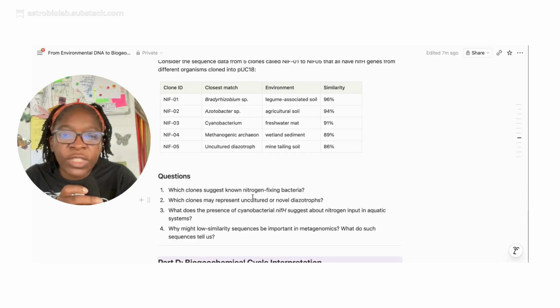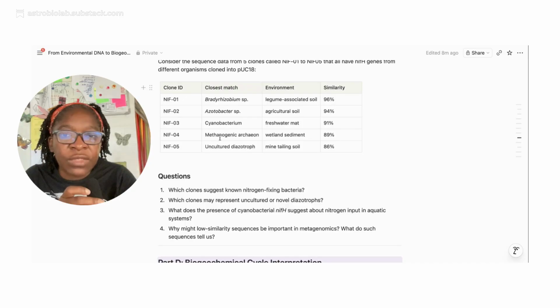Number one, which clones might suggest nitrogen fixation going on in the bacteria? So out of these, you'd look and say, okay, which ones actually have the ability to do this? And you might have to look into literature. You might have to look into the actual genes that each organism has.